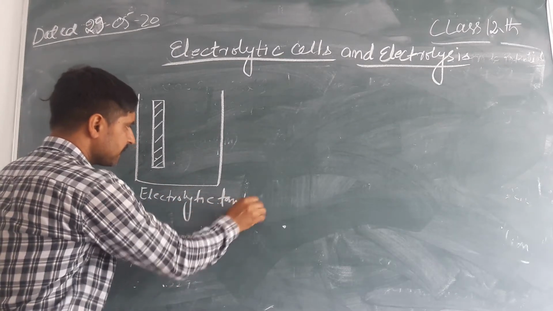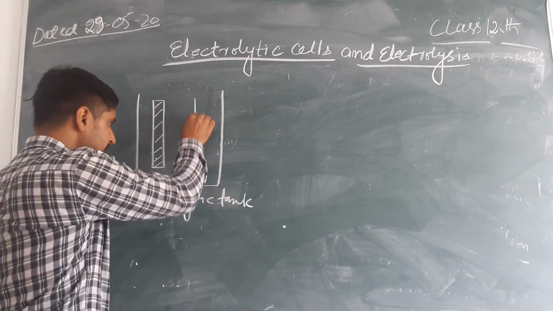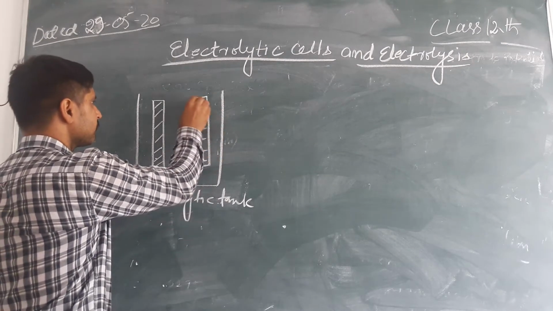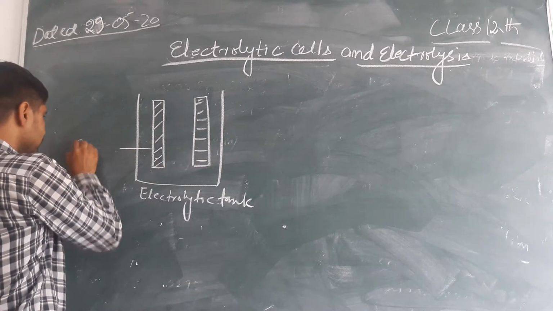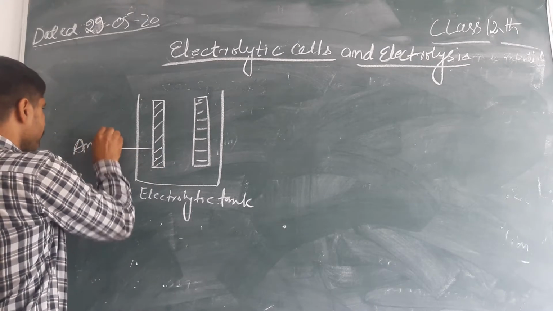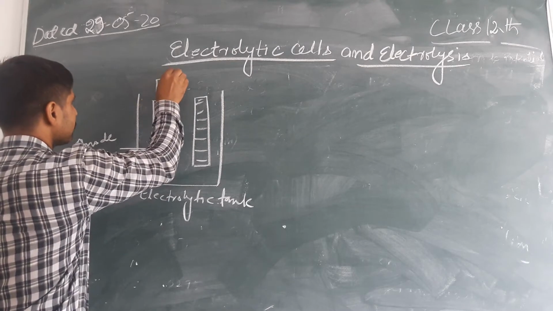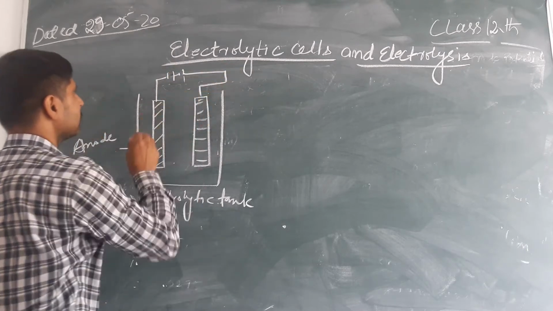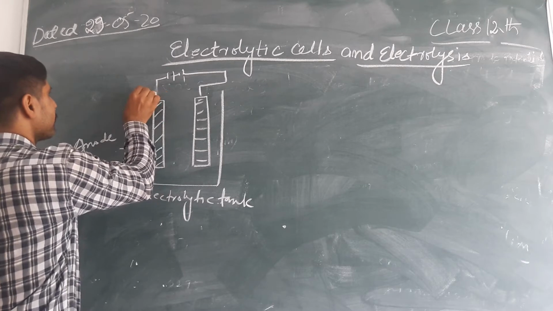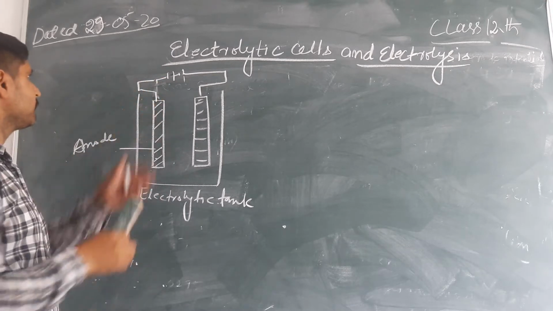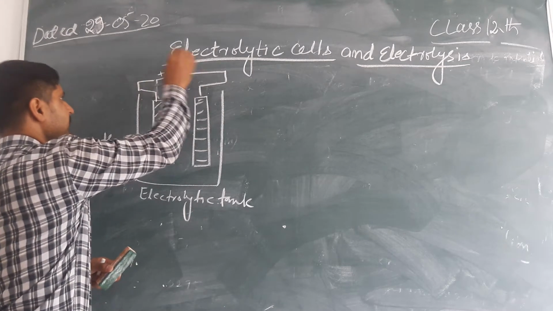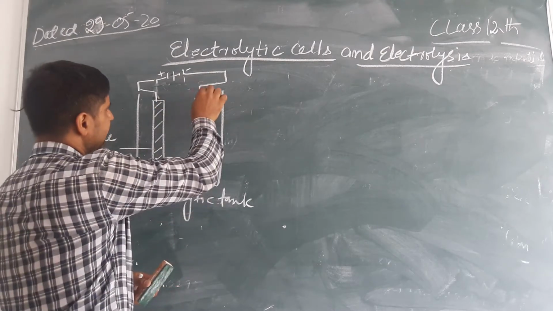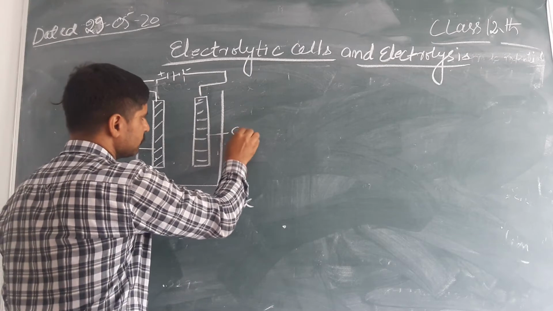One is the anode, the electrode which is connected to the positive terminal of the battery, and the electrode which is connected to the negative terminal of the battery is called the cathode.